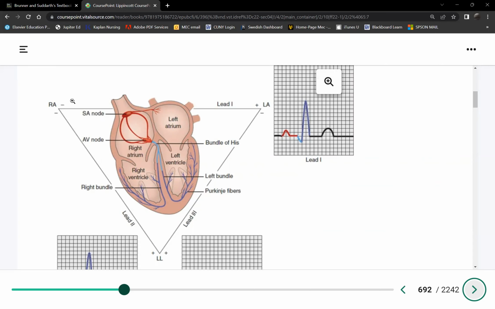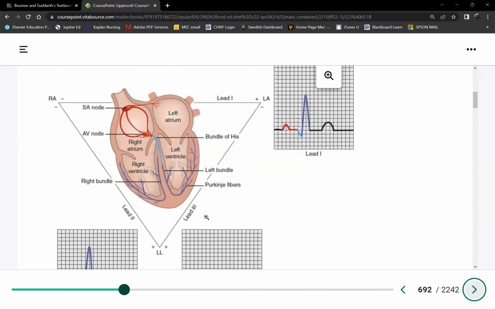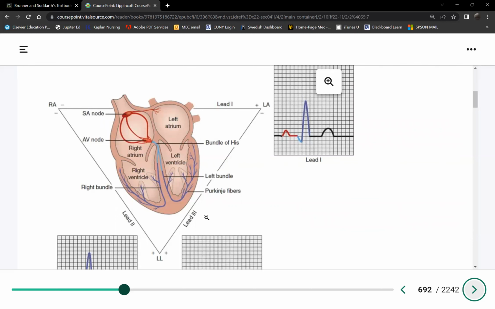So for example, the right arm has both negative terminals, whereas the left arm has a positive and a negative. And of course, the left leg will be both positive. Now, as you may have recalled in high school about basic electricity or electronics, what happens when you have a positive and a negative terminal?